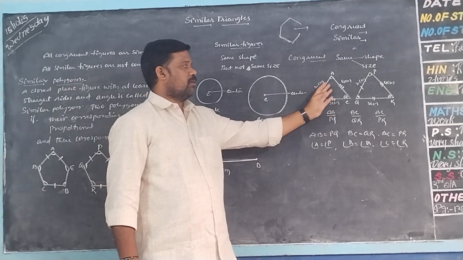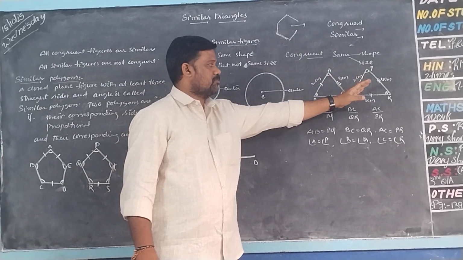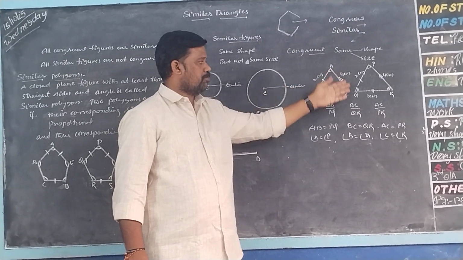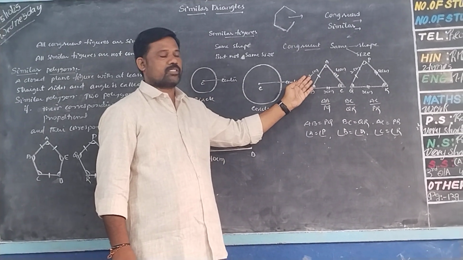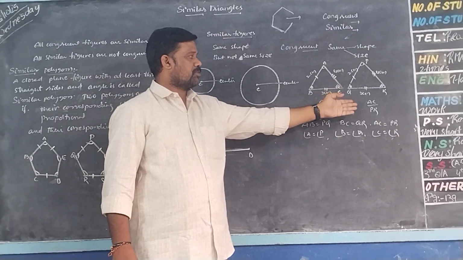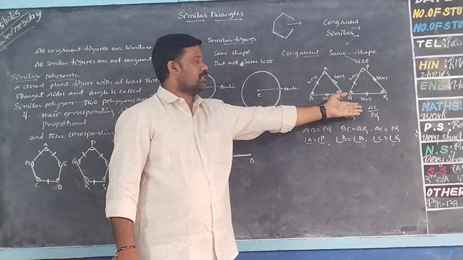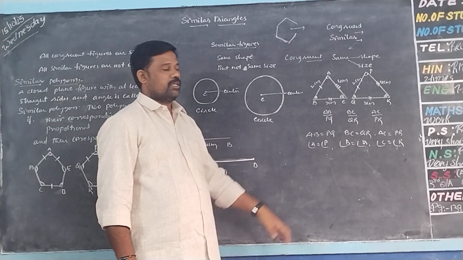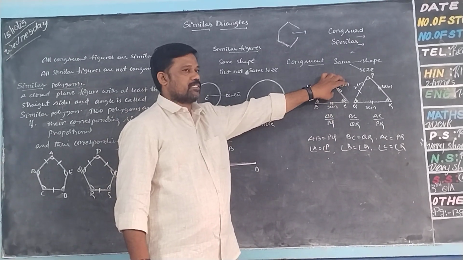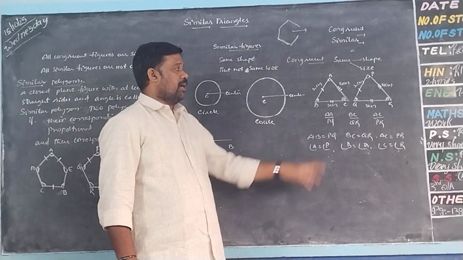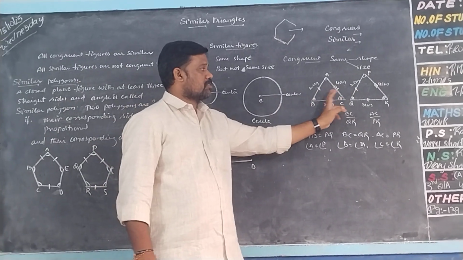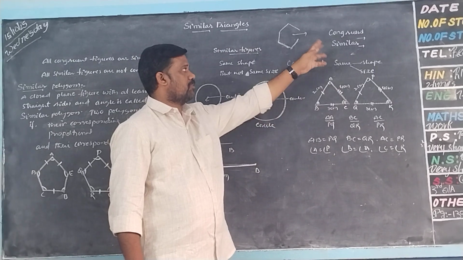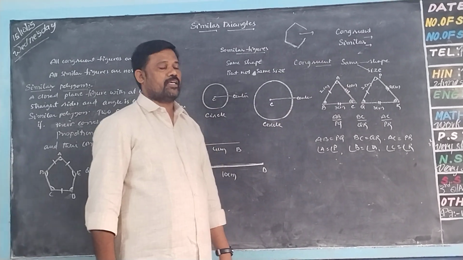Both are the same size, like AB equal to PQ equal to 2 centimeters, BC equal to QR equal to 3 centimeters, and AC equal to PR equal to 4 centimeters. Their sizes are equal and their shapes are also equal. So this is the example of congruent figures.